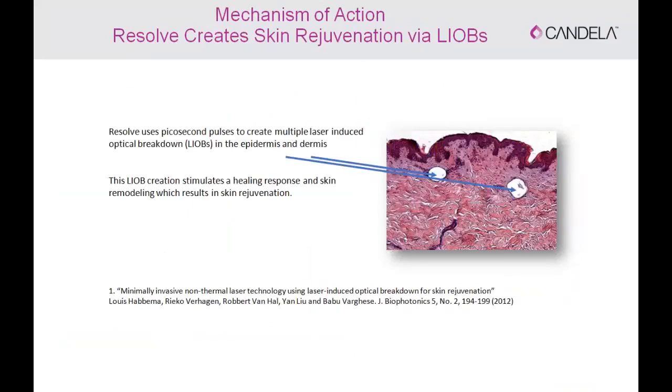And these are created through plasma formation, and we know now that melanin is the absorbing chromophore that absorbs these wavelengths and therefore ejects an electron and generates these structures that we refer to as LIOBs, light-induced optical breakdown, predominantly occurring in the epidermis, but have also been shown in the dermis.